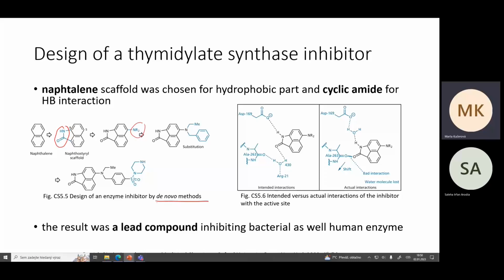It's better to use nitrogen than carbon, because carbon would produce chirality of the molecule. However, the nitrogen does not. So the nitrogen was desubstituted, and this part was introduced for increasing water solubility.